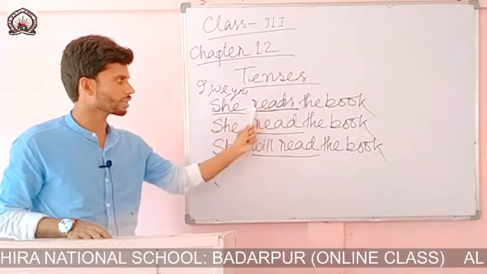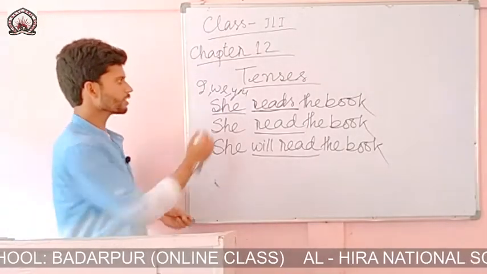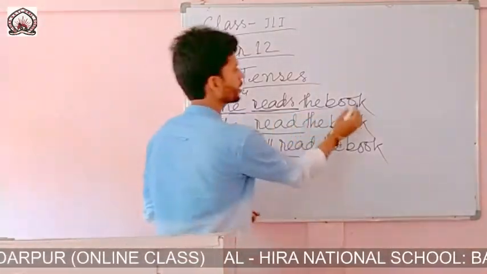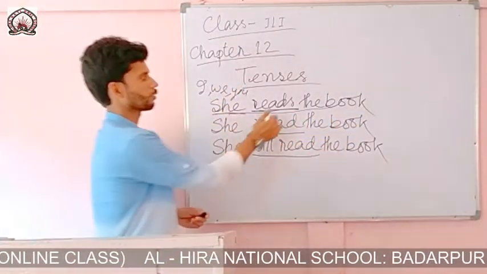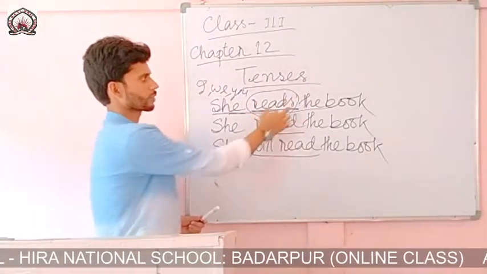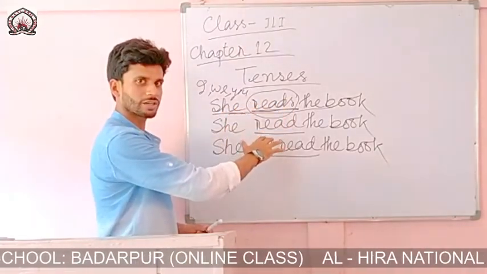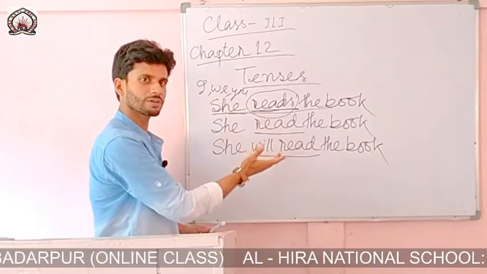We add s or es to the verb. So this sentence is in present tense. She reads the book. Looking at this one, reads, we have come to know that it is in present tense. Which tense of present tense? Simple present.